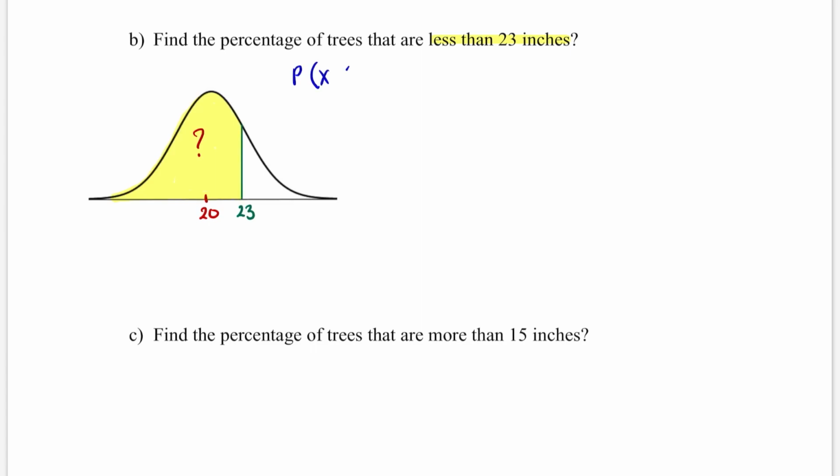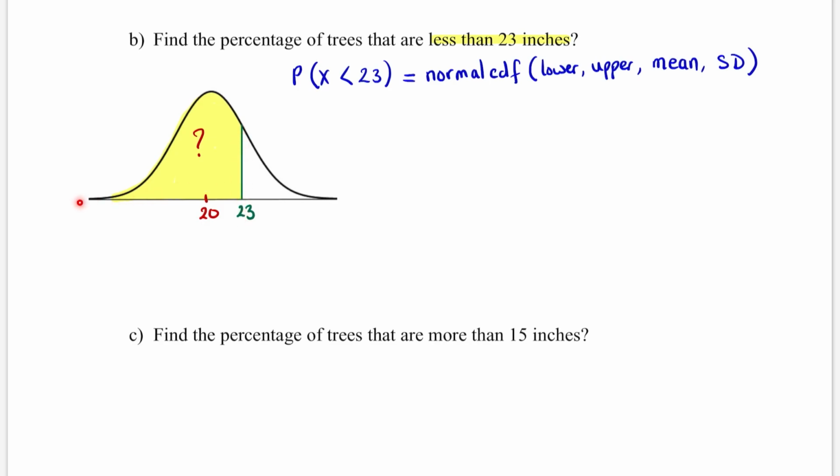Probability of x is less than 23. I'll use normal CDF, lower bound, upper bound, mean, and standard deviation. In this region, my upper bound is the right boundary, 23.